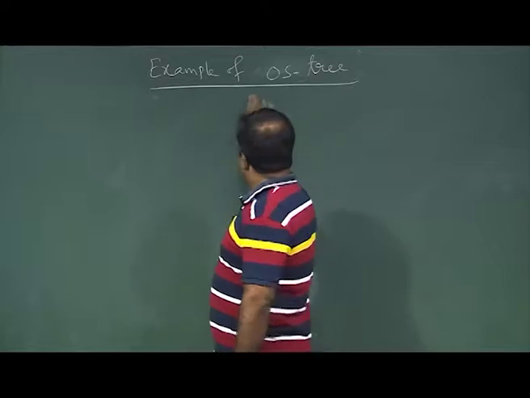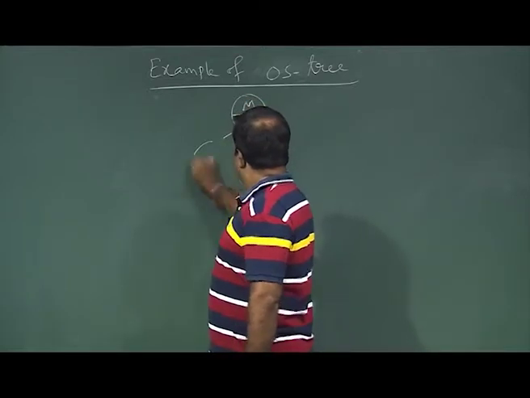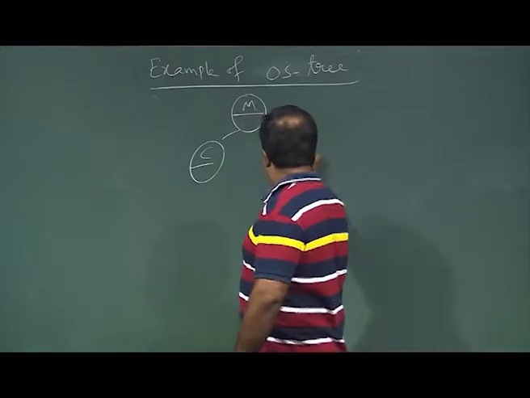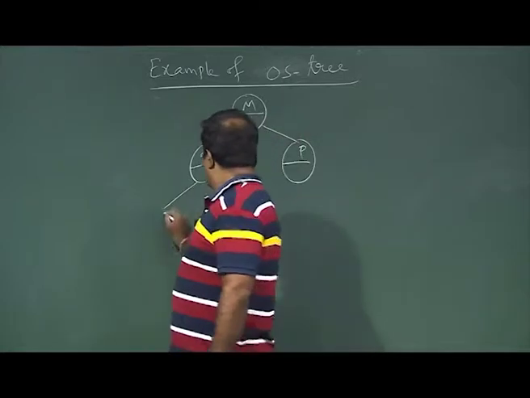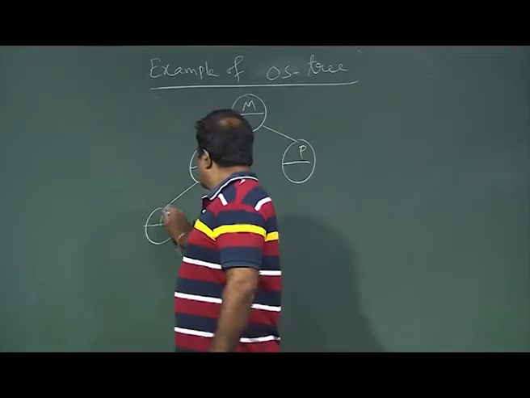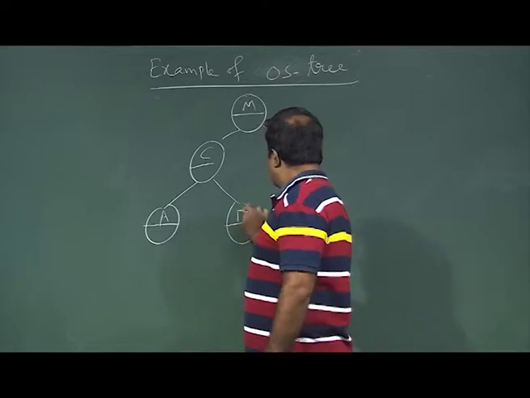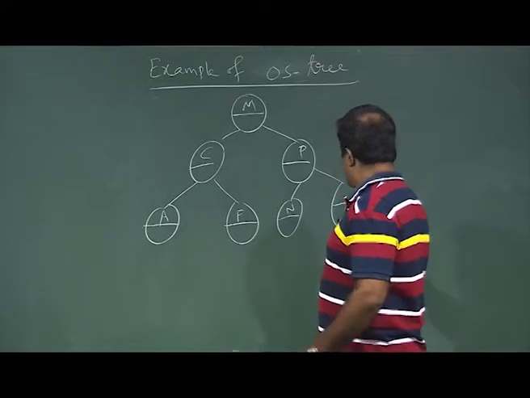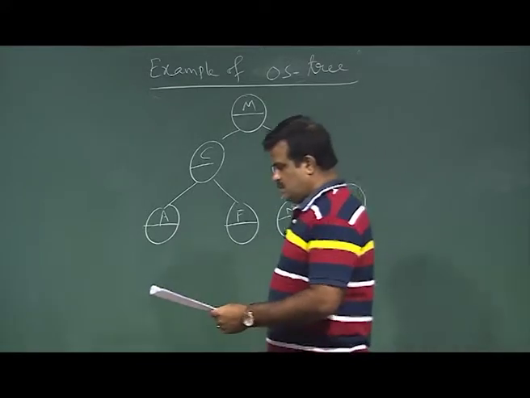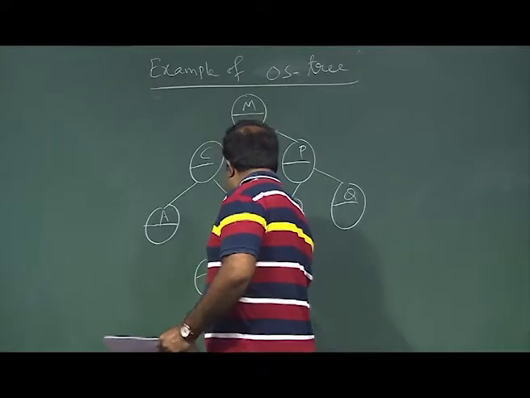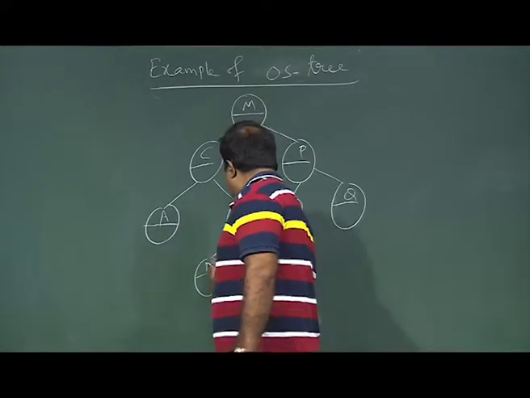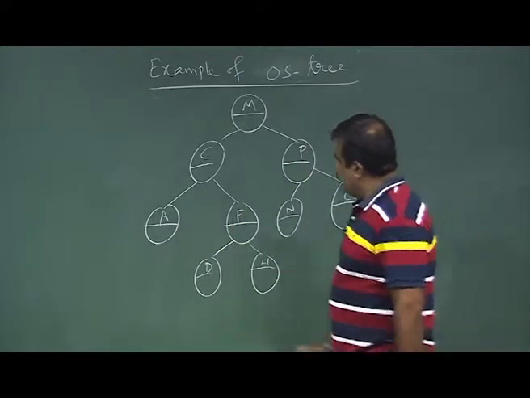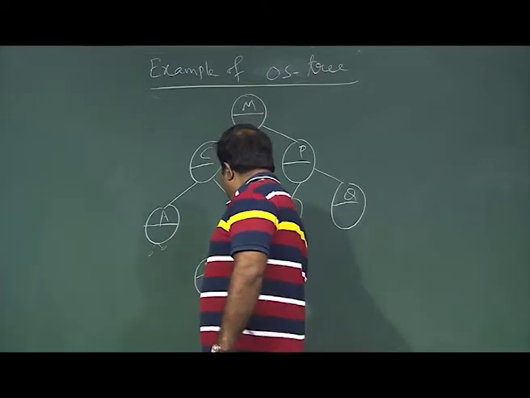Suppose these are the nodes: C, P, A, F, N, Q, D, H. Then we have the leaf nodes to make this.